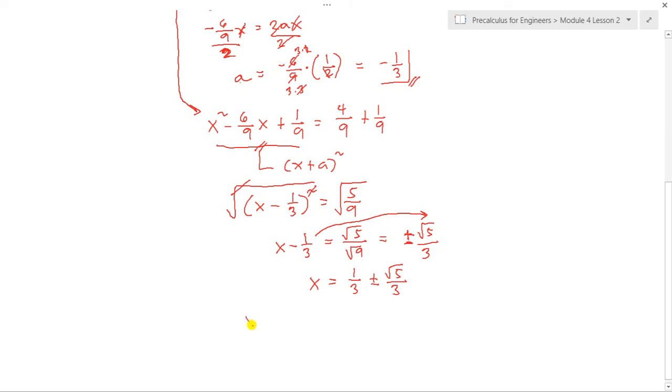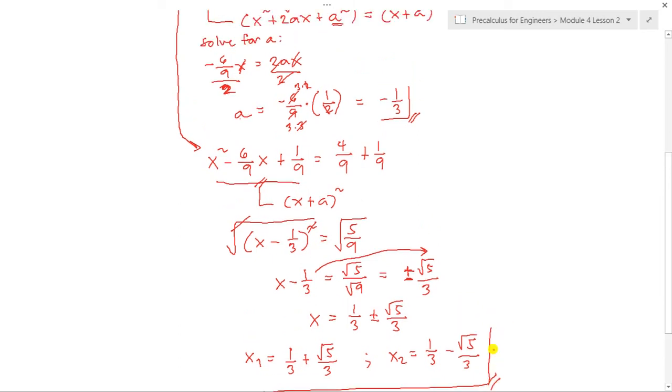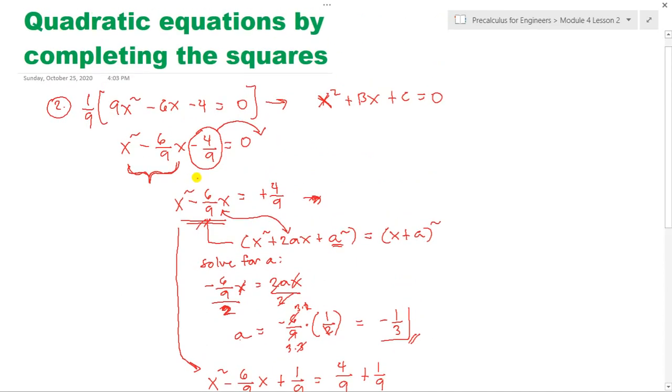The first one is x sub 1 is equal to 1/3 plus square root of 5 all over 3, while the second one is x sub 2 is equal to 1/3 minus square root of 5 all over 3. So therefore, this is our solution for our quadratic equation using the method of completing the squares.